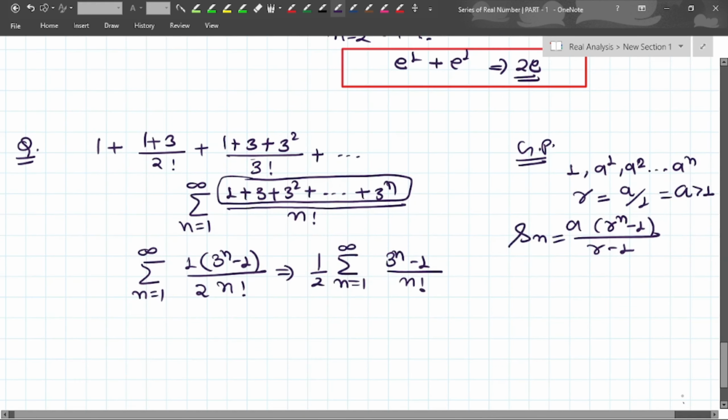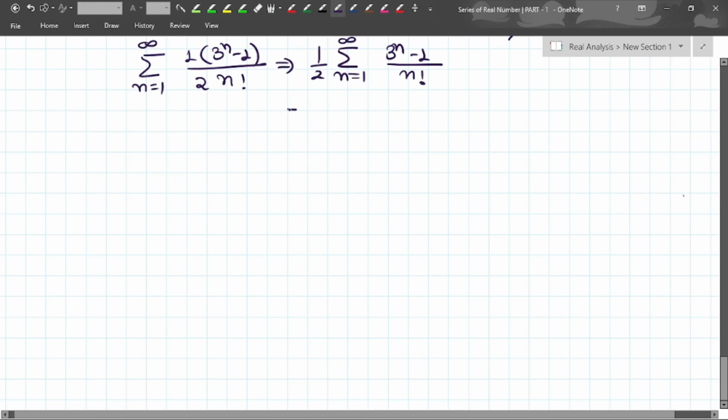Now my ultimate aim is what? Because it is n factorial, I will think only about the exponential. So this is 1 by 2, with n equals 1 to infinity. I will take it separately and write it like this: 3 power n divided by n factorial, minus the summation from n equals 1 to infinity of 1 over n factorial.